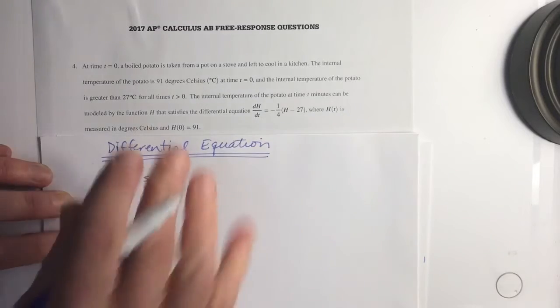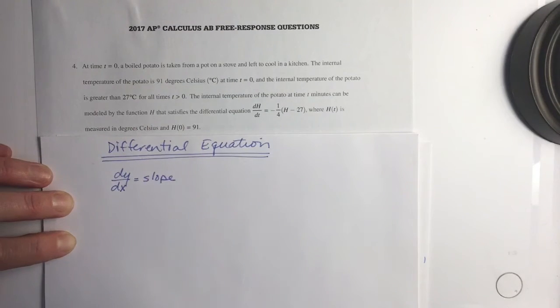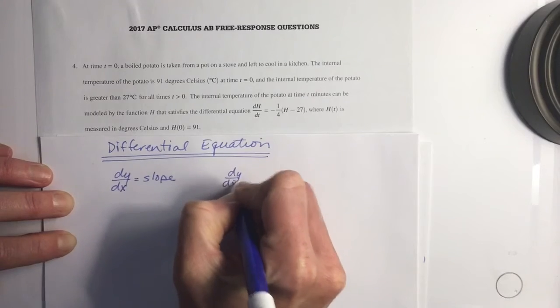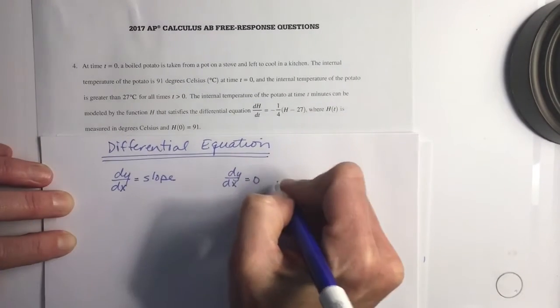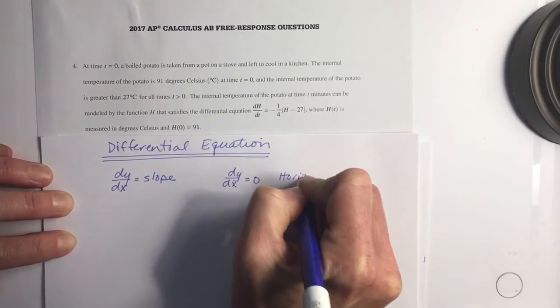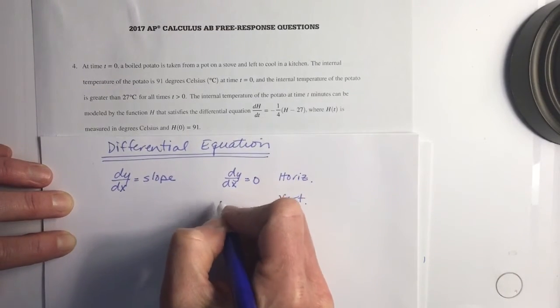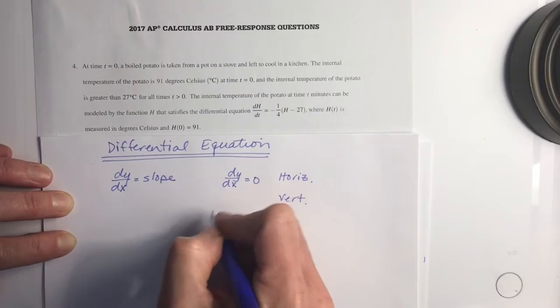So if they say find all the points where the slope is horizontal, you would let dy dx equal 0, for horizontal. For vertical, you would let the denominator of dy dx equal 0.